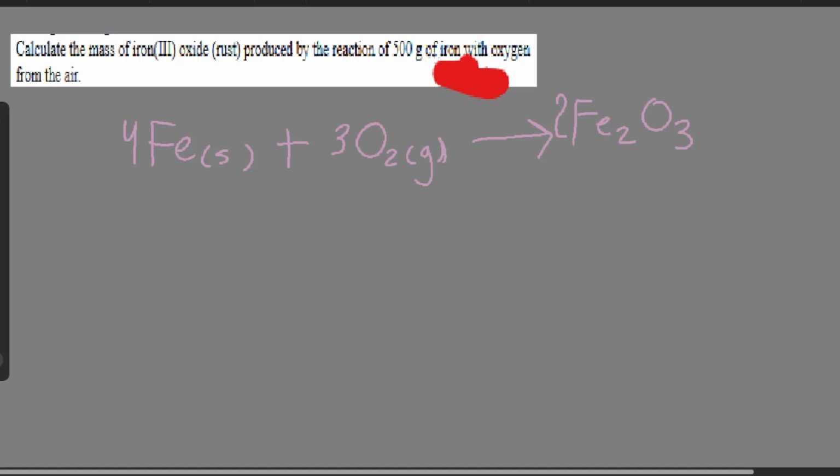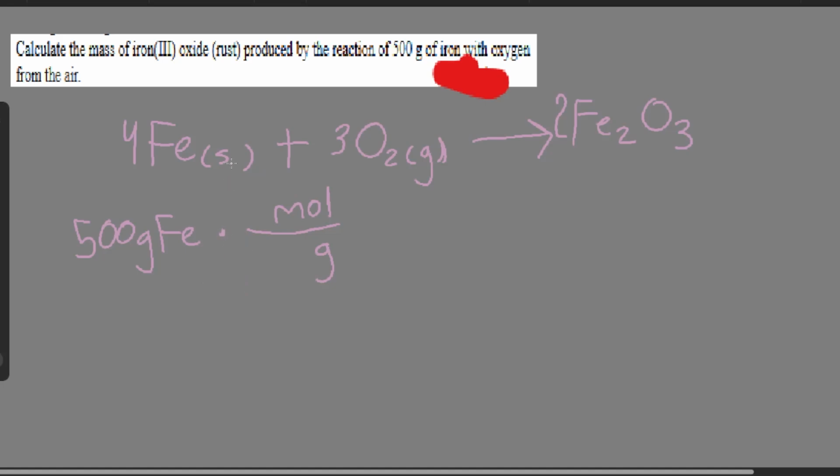It tells you have 500 grams of iron. So what you want to do here is convert your iron to moles, okay? 500 grams of Fe multiplied by what you're trying to cancel out. So we want to cancel out grams, so we put that here. And we want to get moles, so we put that here. And you should know this, but I'll tell you if you don't: given times 1 over given, because we know how fractions work.